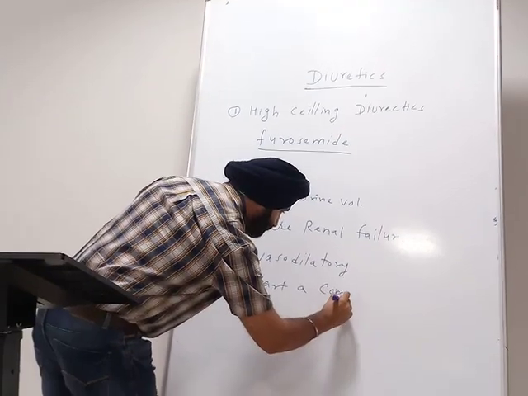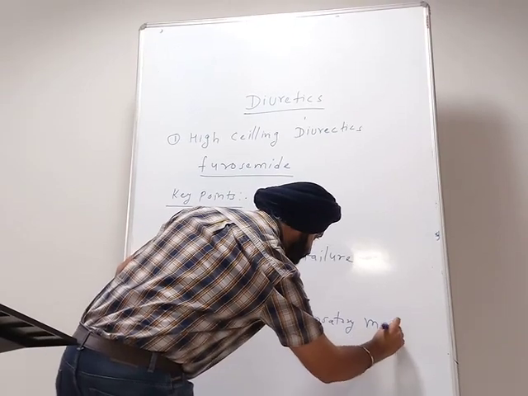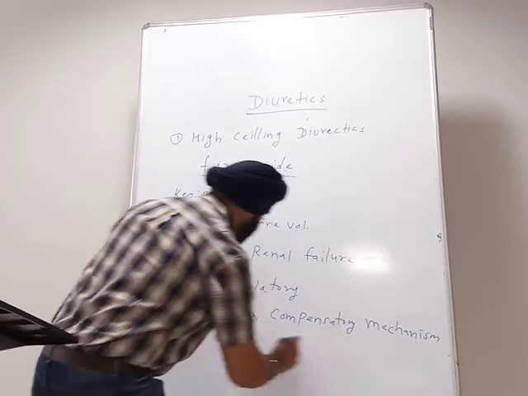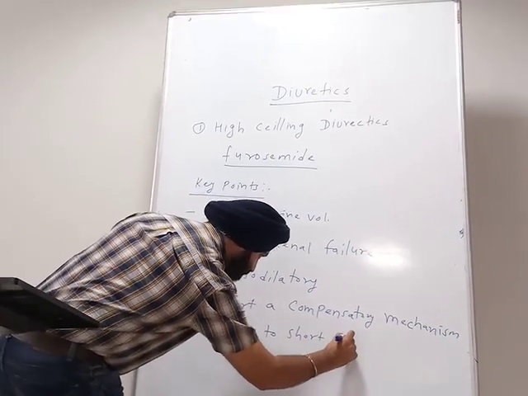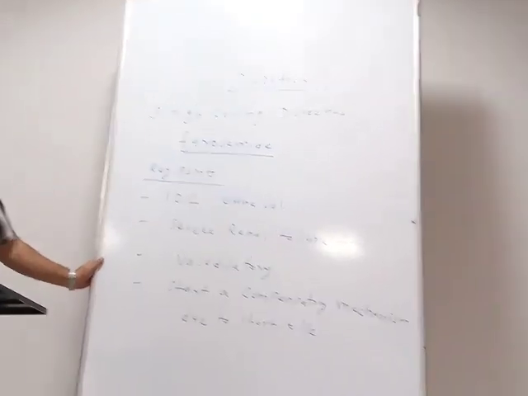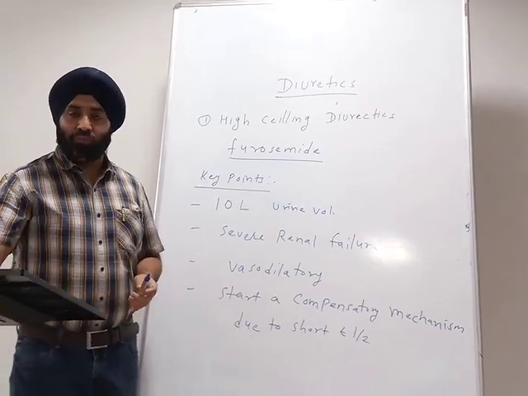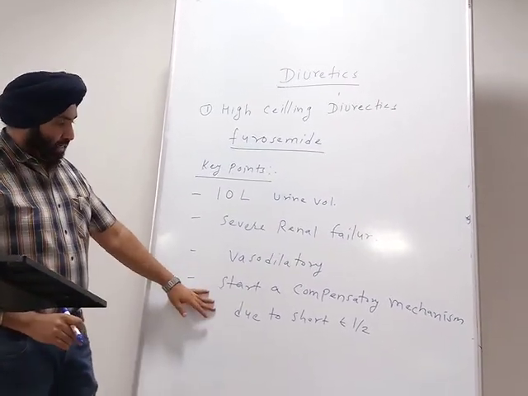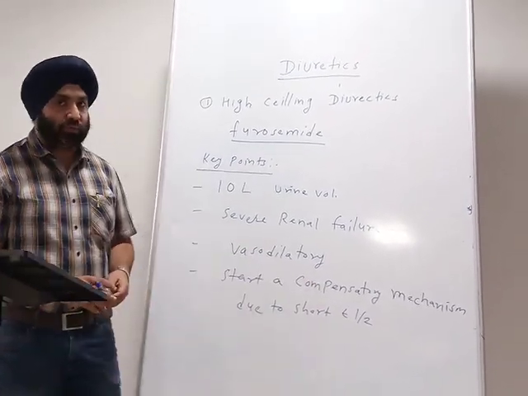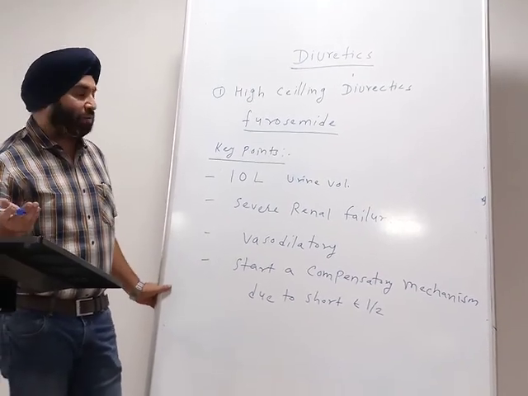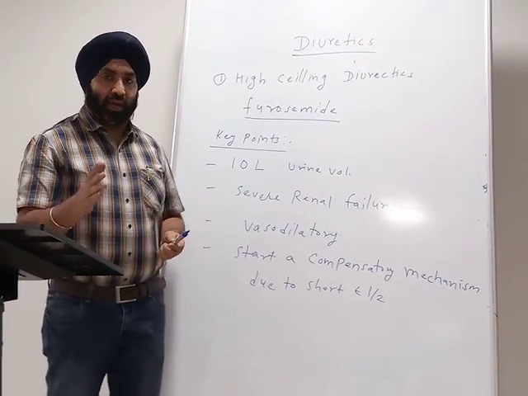Other than this, you can say the disadvantage is that they start a compensatory mechanism in the body due to their short half-life. They increase the urine volume and the total volume of the body decreases, but soon after their action is finished, the body starts a compensatory mechanism with the help of the renin angiotensin system, as you are aware, and again the volume is re-established after some time.